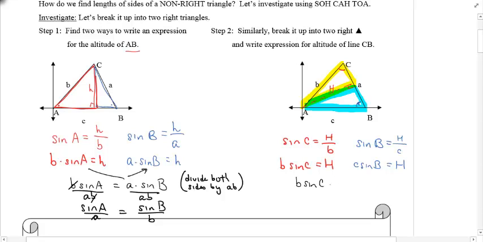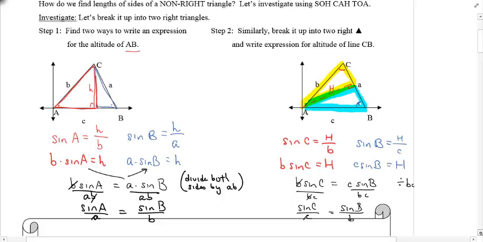B sine C equals C sine B. Just like before, this time I'm going to ask you to divide by BC. And you're left with this lovely ratio. Sine C over side C equals sine B over side B.